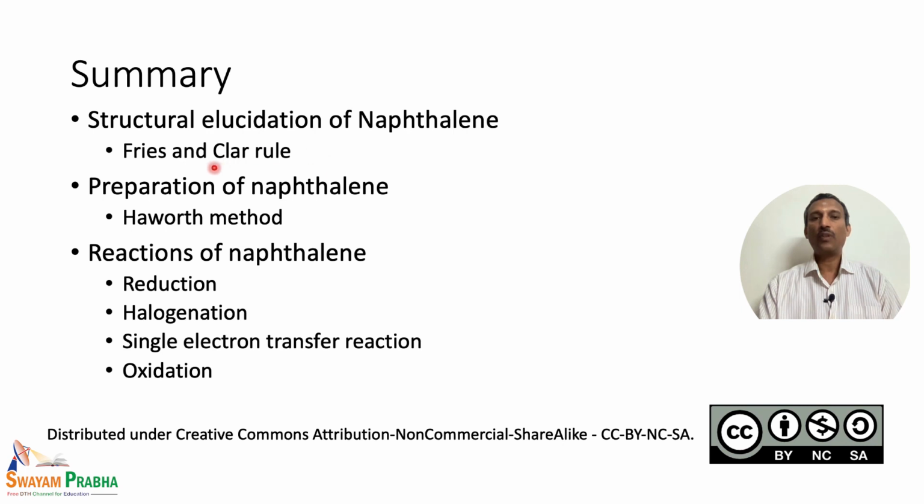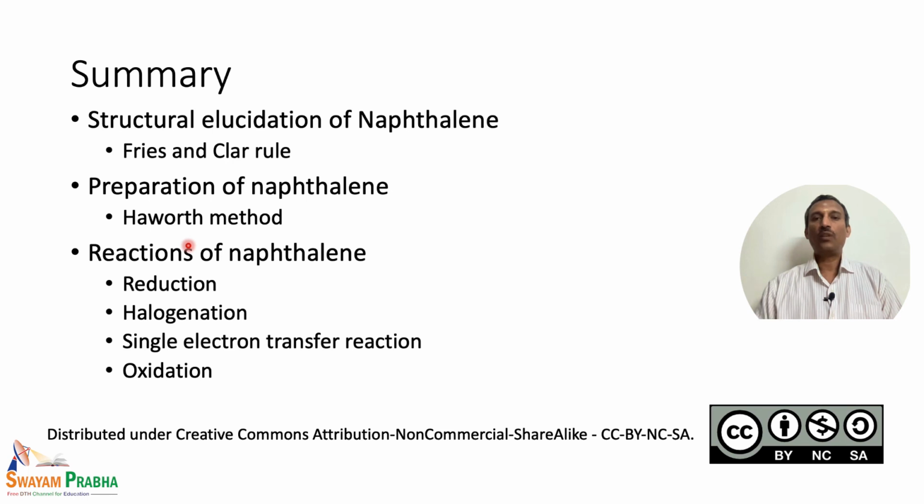We have also studied Fries' rule and the Clar rule, and the application of these rules for the reactivity of polyaromatic hydrocarbons. We have also seen the various preparations of naphthalene, how naphthalene can be prepared from benzene and other compounds. The Haworth method is an important method by which we can make naphthalene, and the modifications of the Haworth method we have also seen.